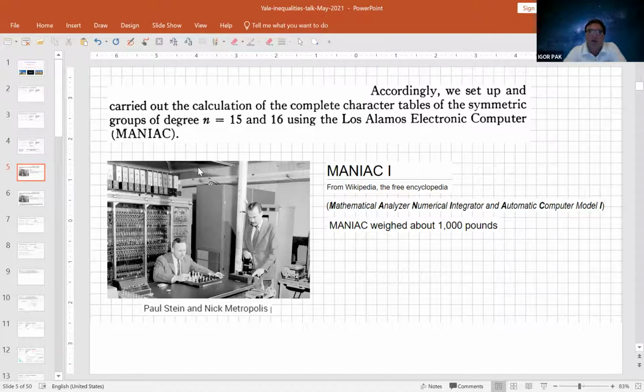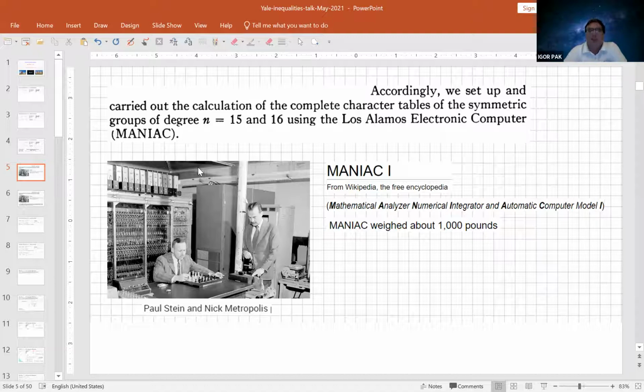On top, you're going to see a quote from the original paper. And basically, what happened is they built this MANIAC computer, which was one of the first modern computers, the one that uses von Neumann architecture. And they built it at Los Alamos to do some nasty calculations as part of the Manhattan Project.